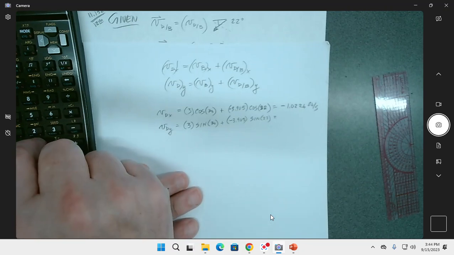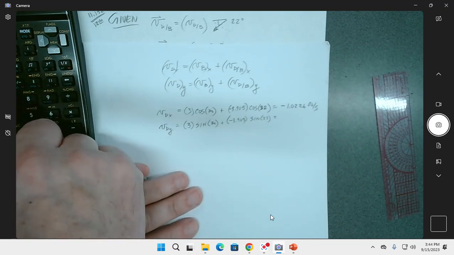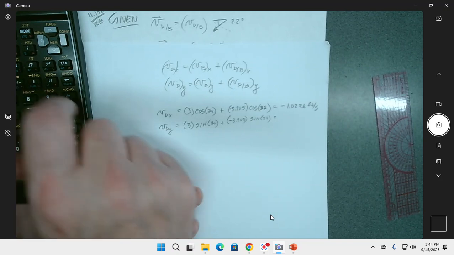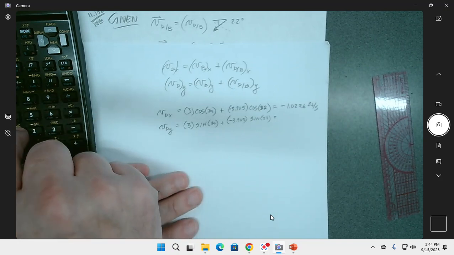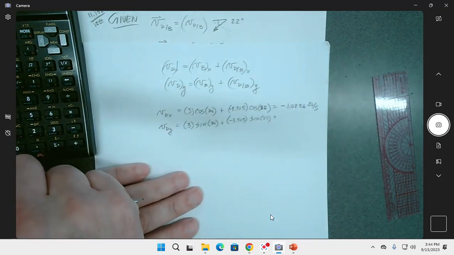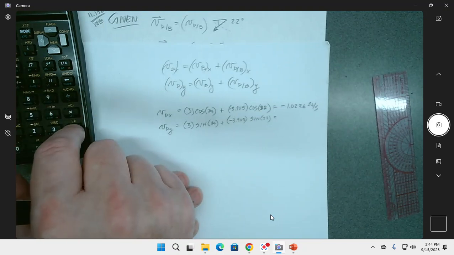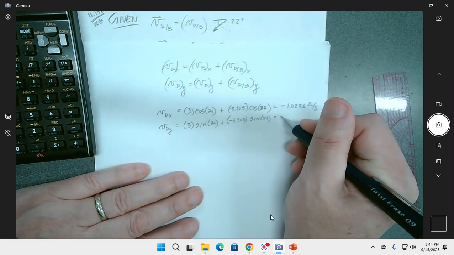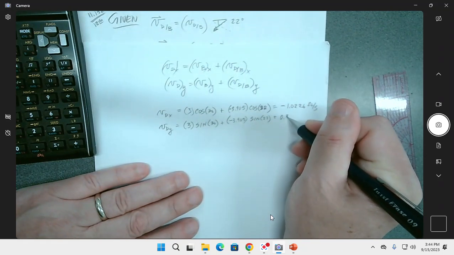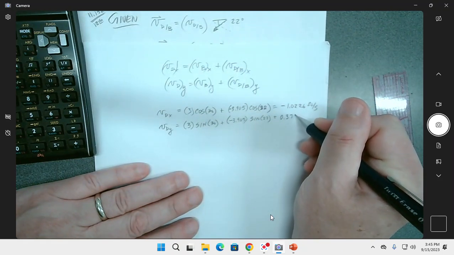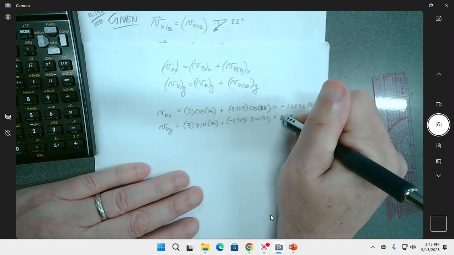And 3.905 sine 22 times minus, whoops, damn it, I think I just screwed up, minus, okay. I get a very small number, 0.03716.